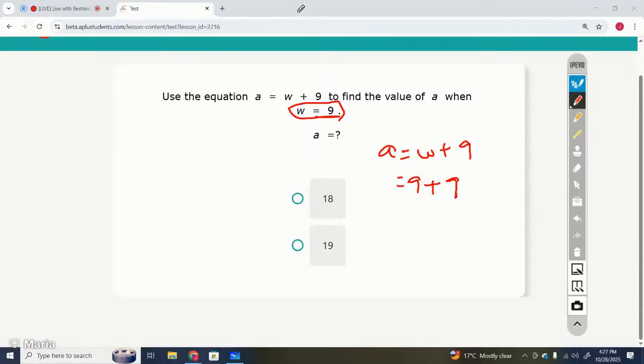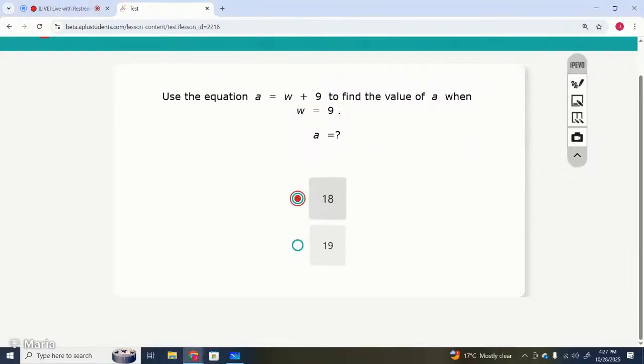So 9 plus 9 is 18. Option number 1 is the correct option, that is 18.